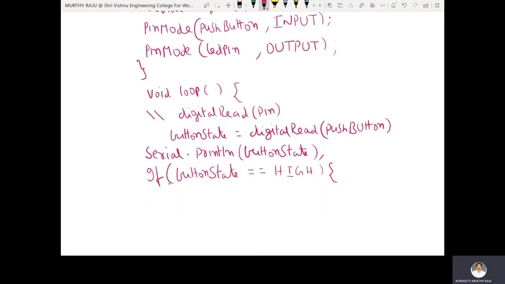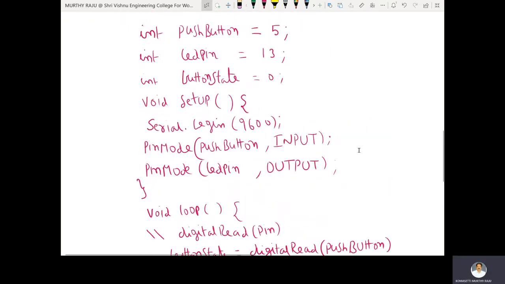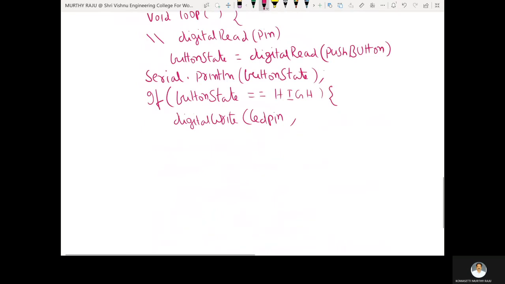Digital write. Digital write, LED pin high. LED pin means the 13th pin, high.